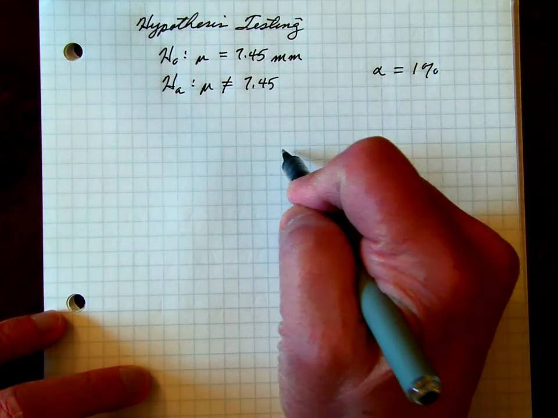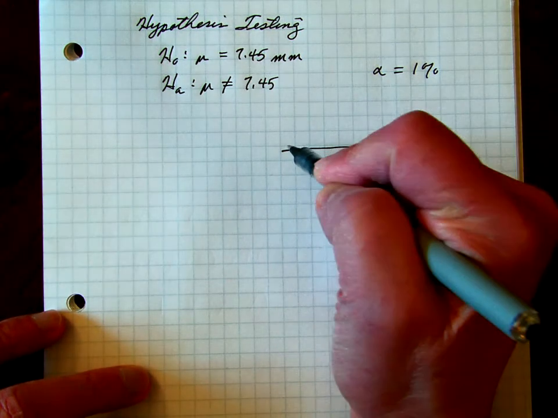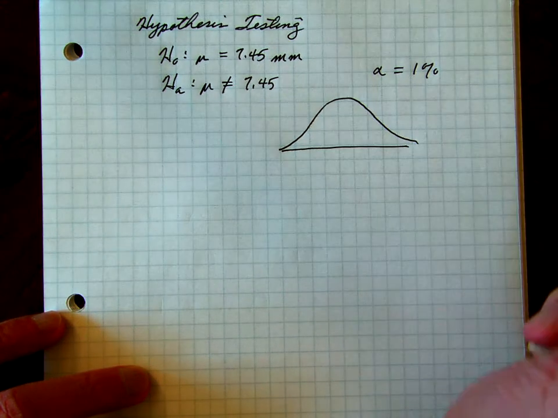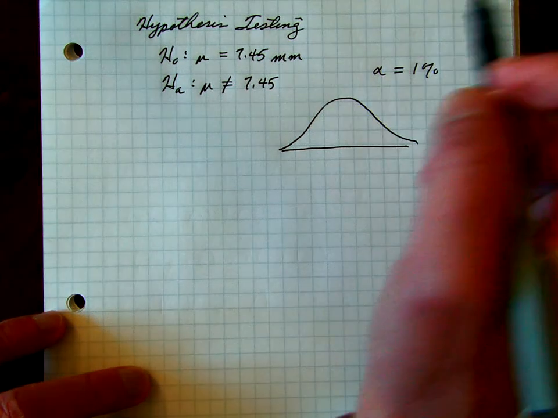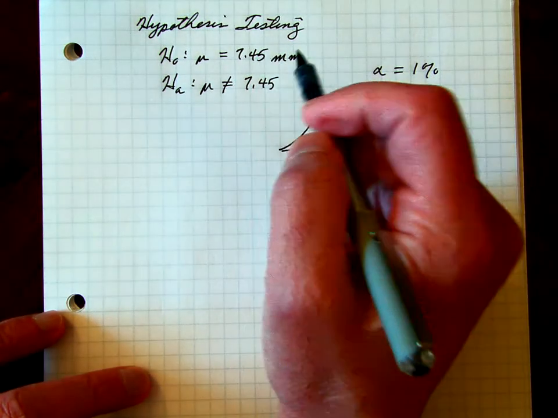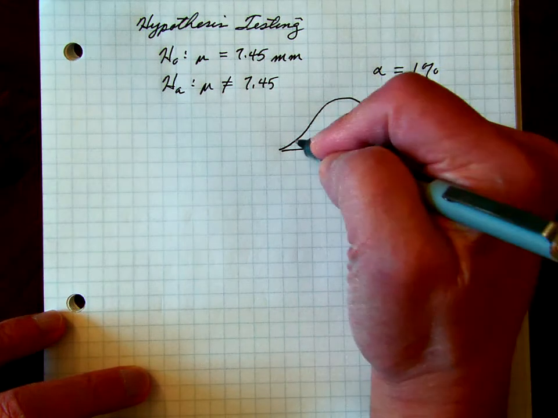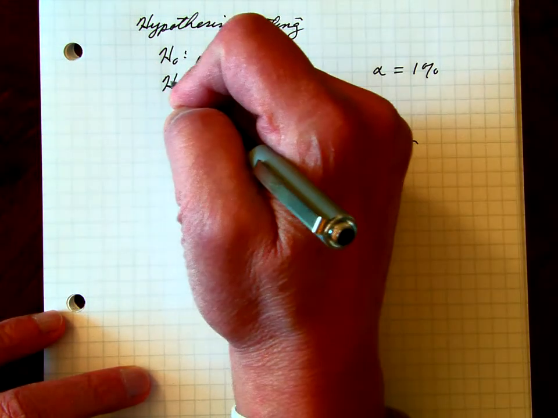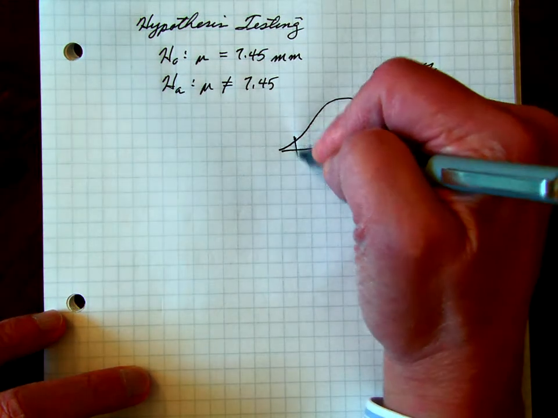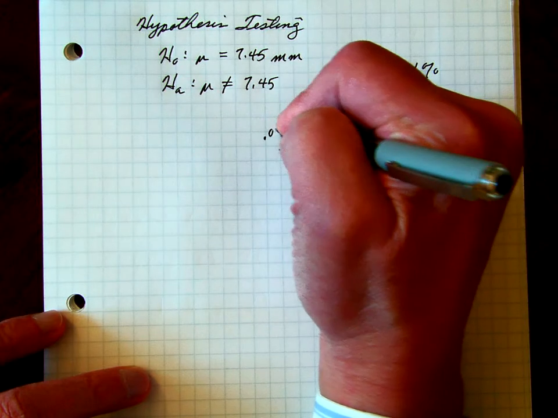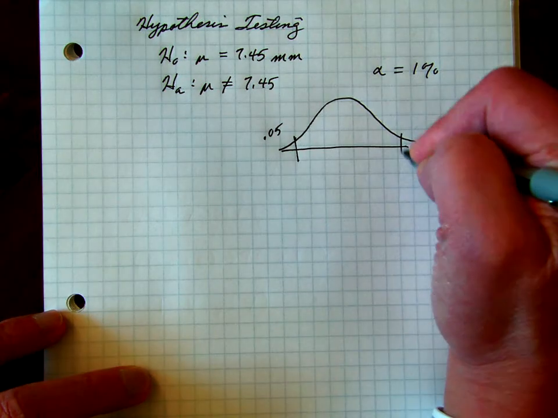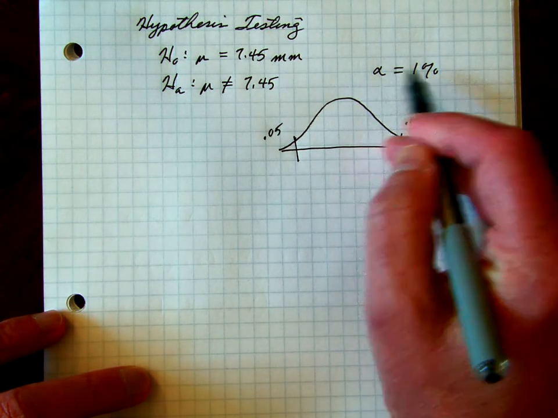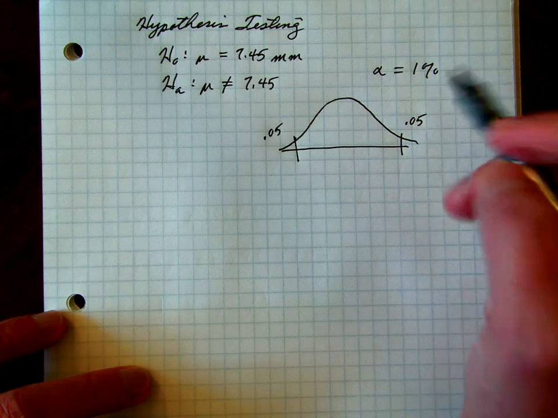Of course, we know what that means. If you look at the bell curve, the nice standard bell curve, and all you care about is a two-tailed test, that is, you can't be too low or too high, that would be 0.005 on one end and 0.005 on the other end. We're just taking alpha and cutting it in half.